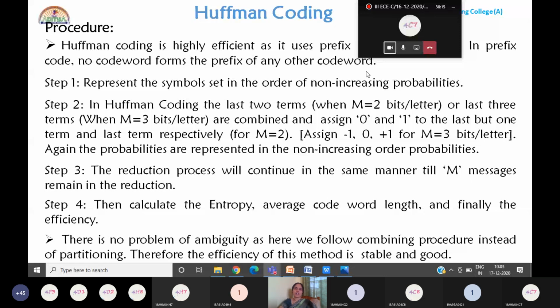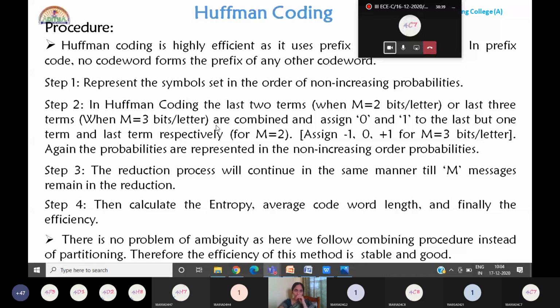Once you partition, you assign the values to the corresponding subsets, so there may be a possibility that one code word will act as a prefix to the other code word, but here there is no problem like that, because it relies on the process of combining.